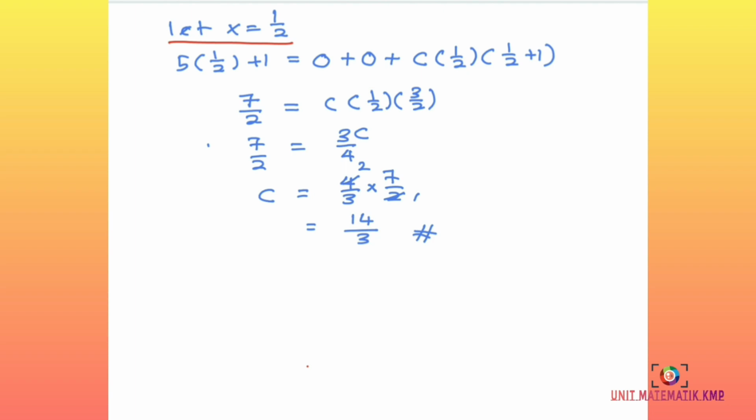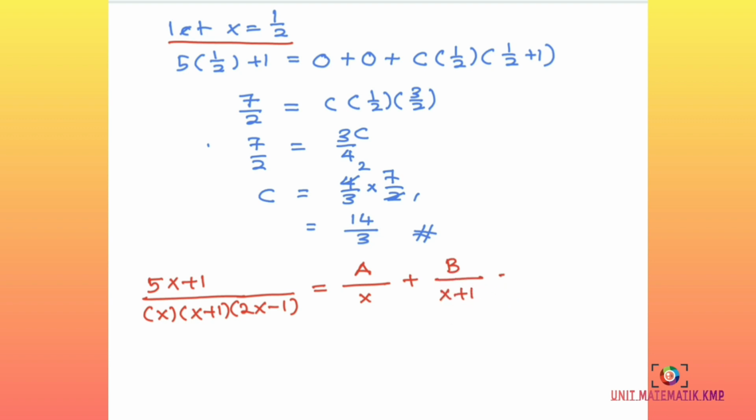So our final answer should be (5x plus 1) over x times (x plus 1) times (2x minus 1), equal to, just now we split it into a over x plus b over (x plus 1) plus c over (2x minus 1). Just substitute back the values of a, b and c.